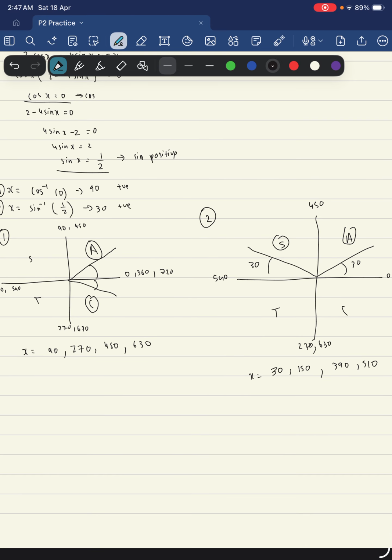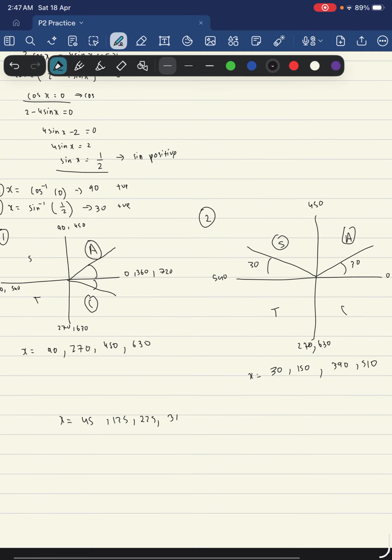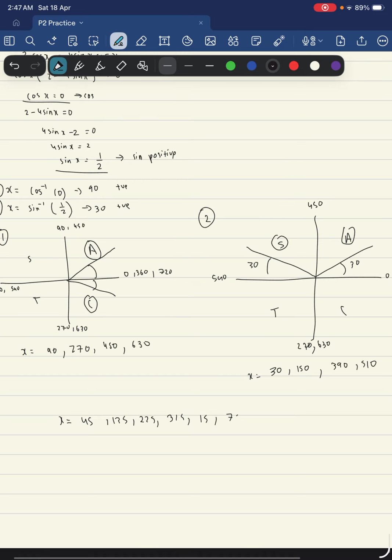So here we would have x is equal to 45, 270 divided by 2 is 135, 450 divided by 2 is 225, 630 divided by 2 is 315, 15, 75, 195, 255.